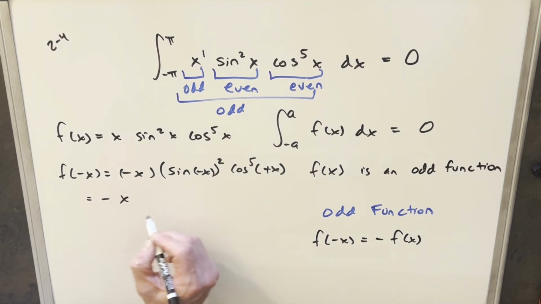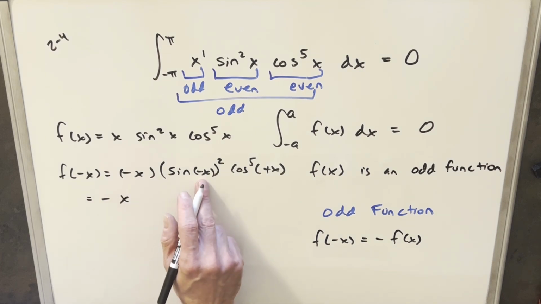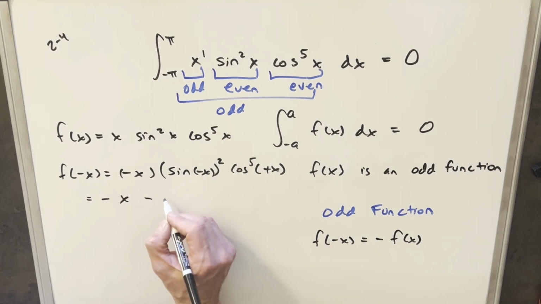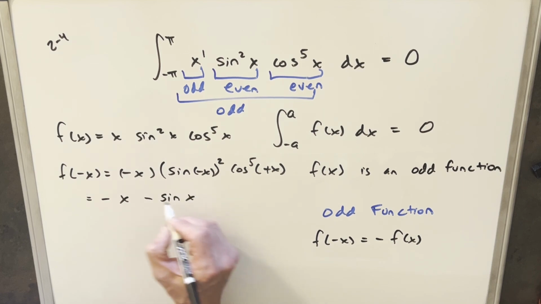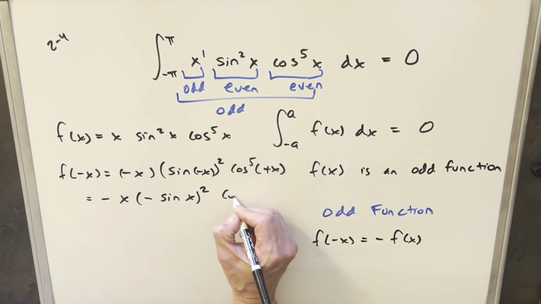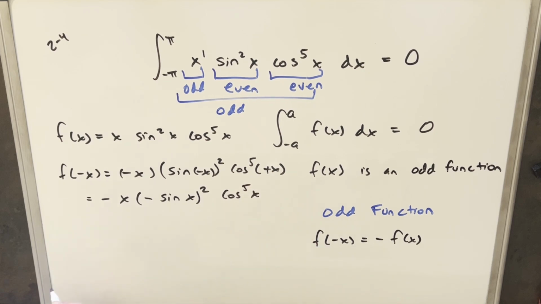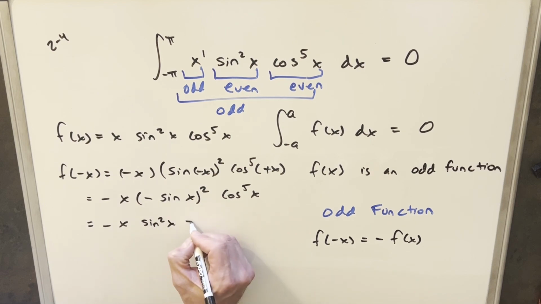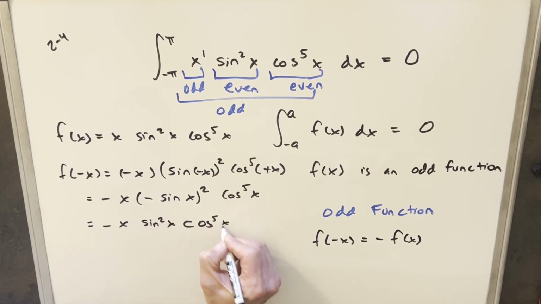So we'll have minus x. Then, because sine is odd, we can write this as minus sine x all squared cosine to the fifth x. But then when we square this sine term out, again, the minus becomes positive. We end up with sine squared x cosine to the fifth x.